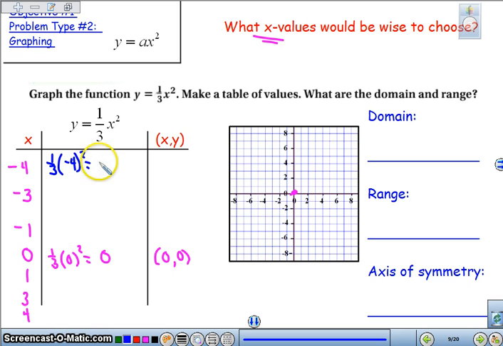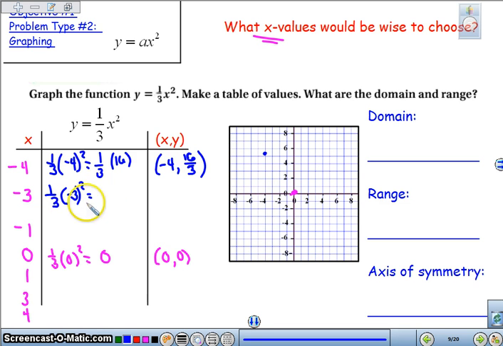So if we're squaring -4, that's going to be 1/3 times 16. So at -4, we're looking at 16/3, or if you wanted to put 5 1/3. So at -4, we're going to go to 5 and 1/3. If we plug in -3, we're going to have 1/3, and we're going to square -3.